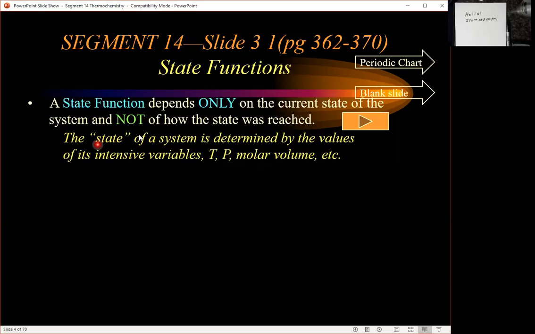Now we define the state of a system with a collection of intensive variables. Intensive variables are things that do not depend on the mass or size of the sample. For example, if I measure the temperature of water in a beaker, maybe it's 25 degrees.